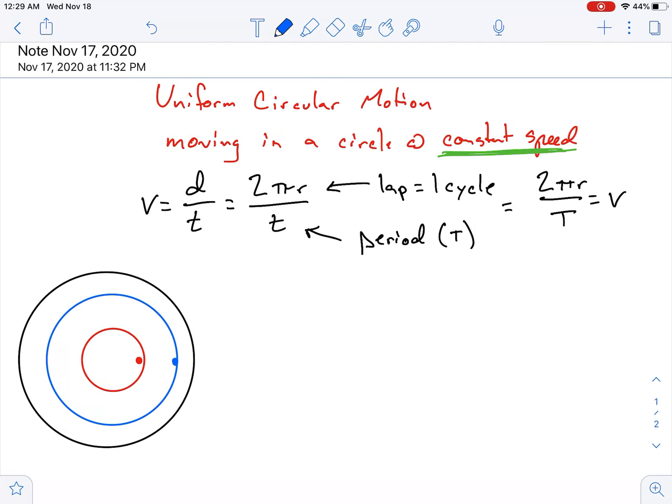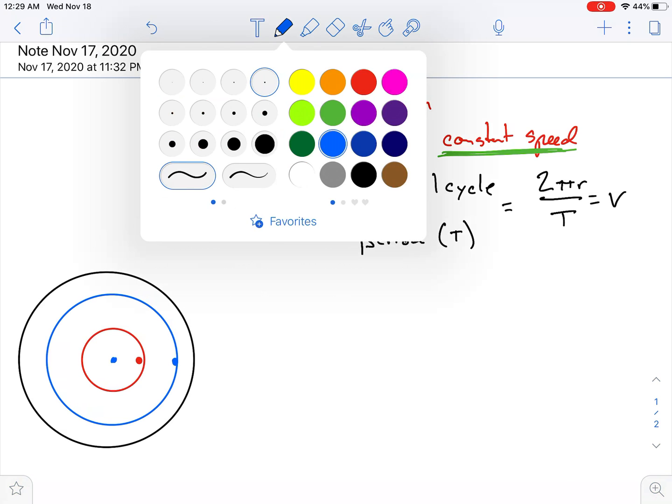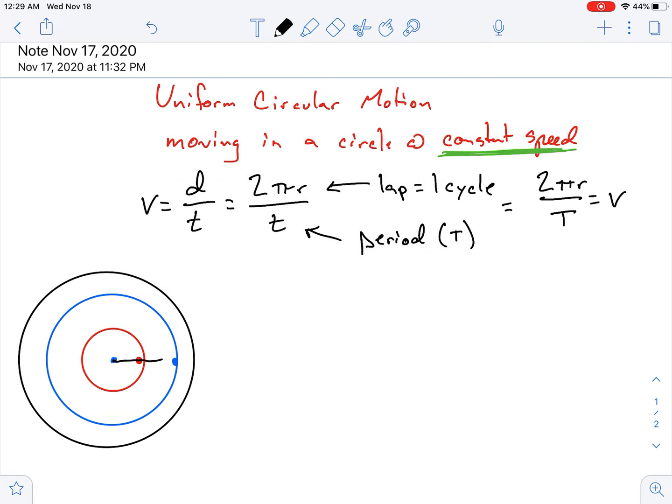Yet we know that because they are on one solid piece, one record, as they go around, both of them will come back to the same position at the same amount of time.